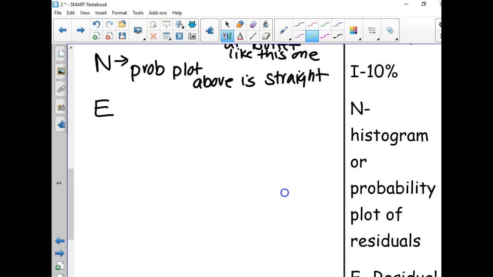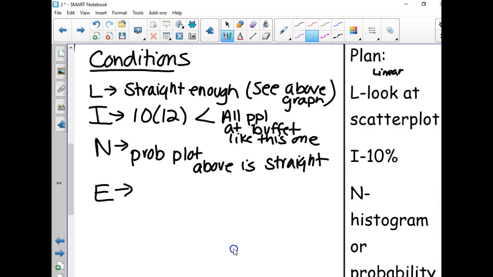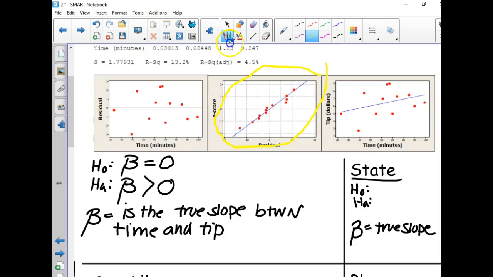E is the equal variance. That's your residual plot. That's where you want to look at this residual plot and say there should be no pattern. The variation on the bottom is equivalent approximately to the variation on the top. Okay? No pattern.